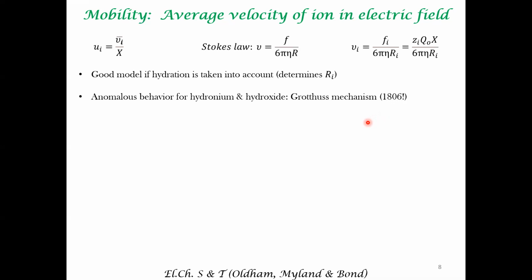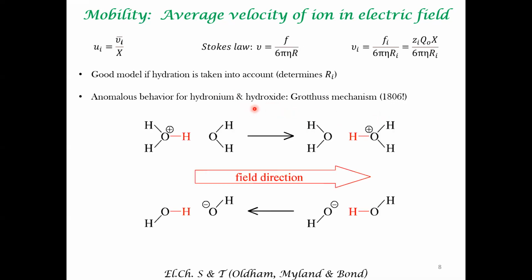So with this, Grotthuss proposed an interesting mechanism that is of relevance not to other cations and anions, but just where hydronium and hydroxide ions are involved. The Grotthuss mechanism is of relevance.